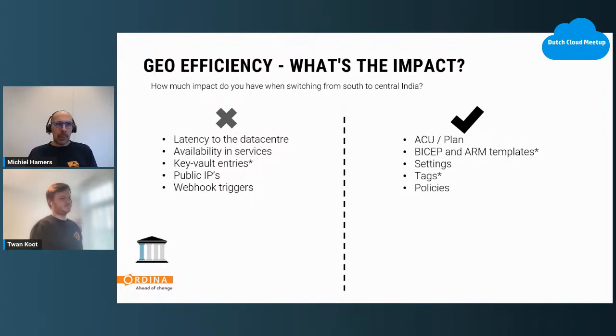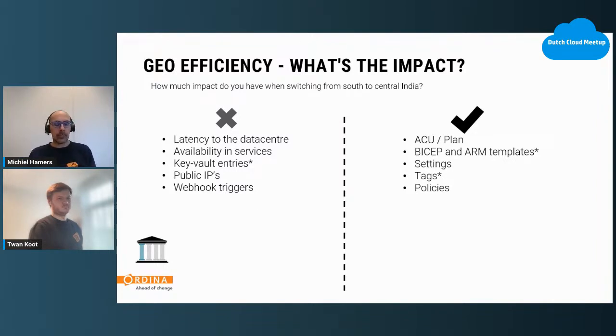Public IP addresses are bound to a data center, so when you switch to a different region, you cannot move or migrate the public IP addresses. And also the webhook triggers are URL based, and the name of the data center is in the webhook trigger URL itself.